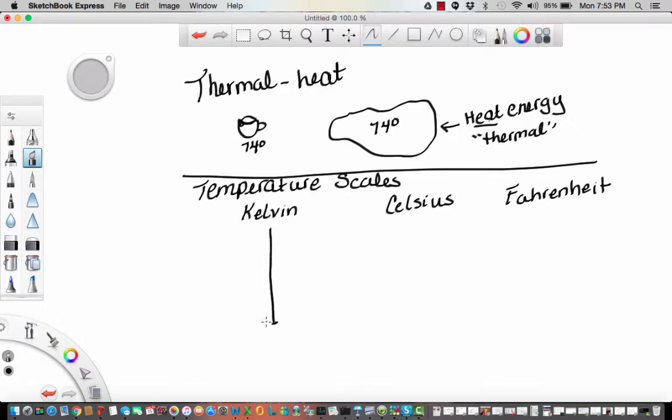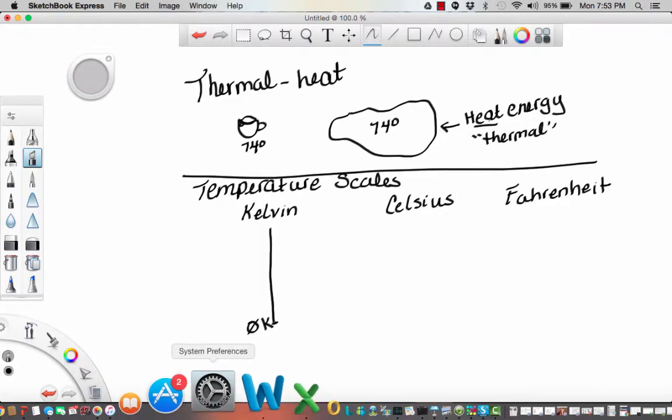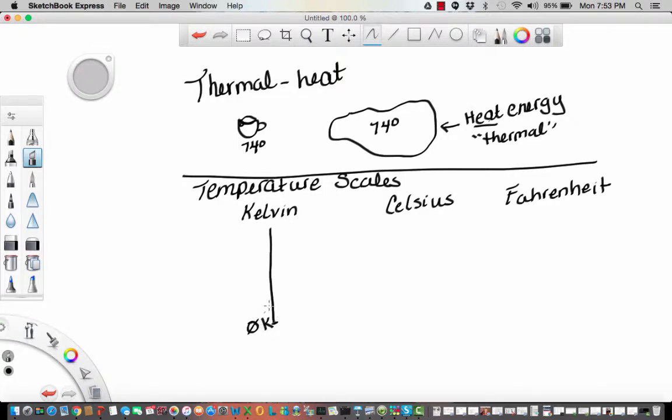On the Kelvin scale, you're going to hit 0 K. I'm just going to put a line through that 0 so it looks like a 0 and not an O. On the Kelvin scale, the boiling point of water is 373, which is 273 more than the Celsius scale, and water freezes at 273.